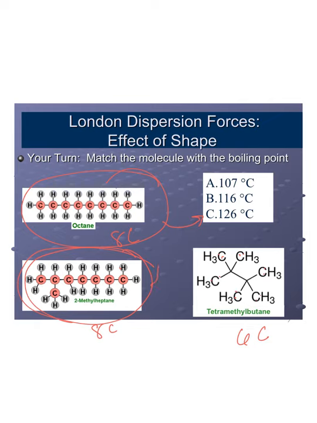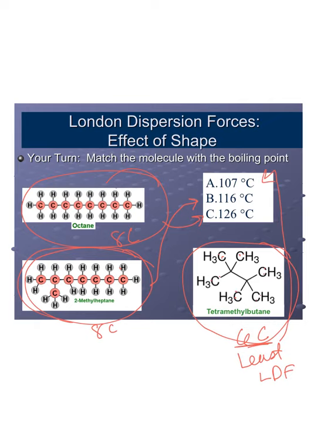So this one would be this boiling point. And this guy right down here would have the least London dispersion force because it is less heavy, right? The molecular weight is less. There are fewer atoms, therefore fewer electrons, and it's shorter and fatter. So that one would have the lowest boiling point.